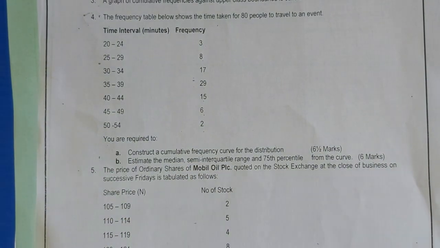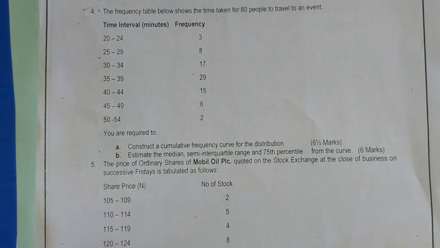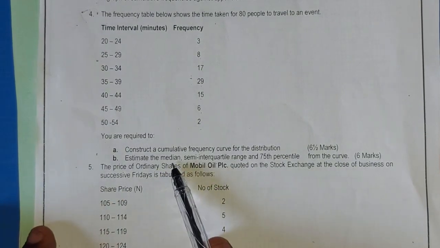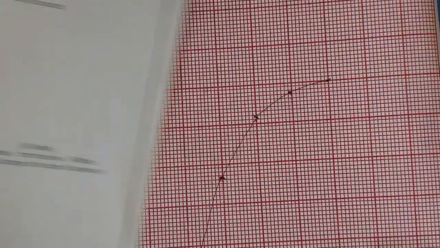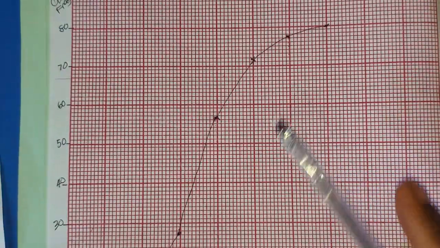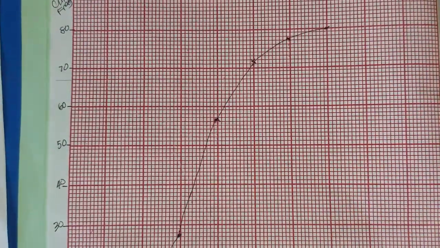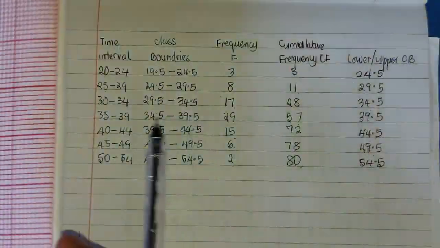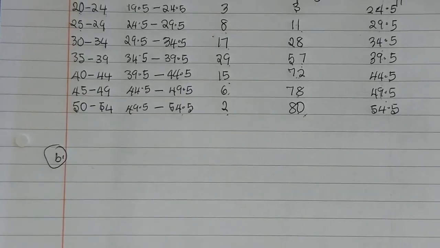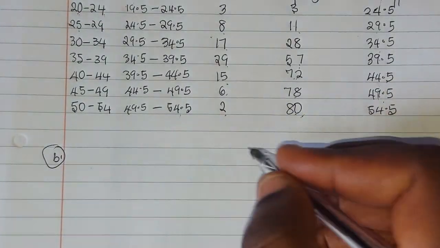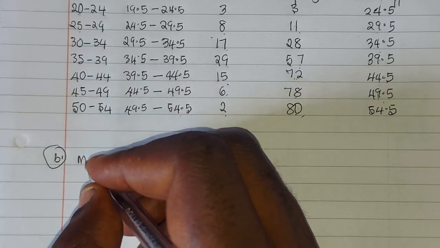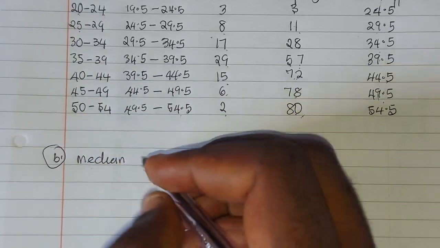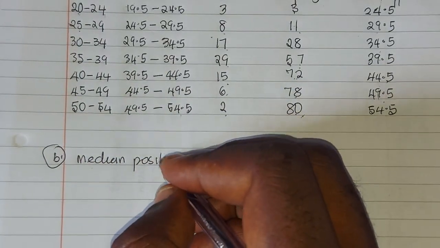And the median is one of the measures of location which can be calculated on the Ogive. Okay, it's a very common question. So to calculate the median, you will determine the median position using this formula.